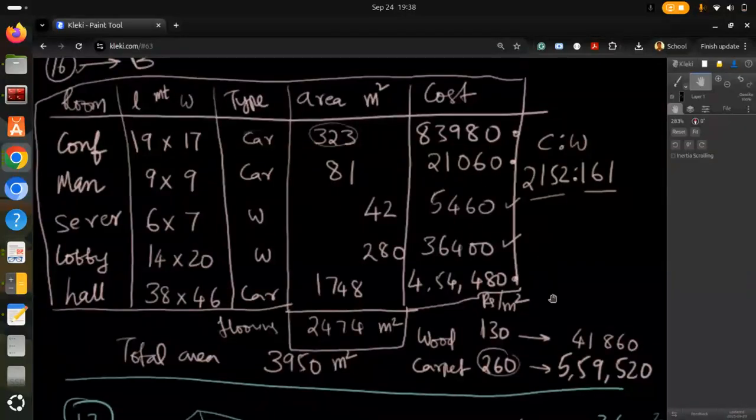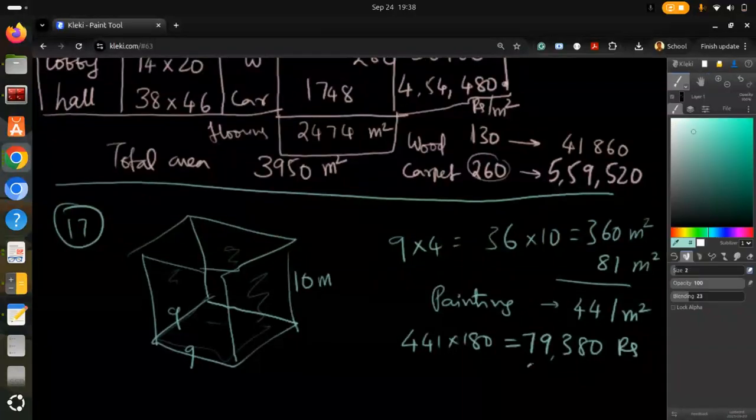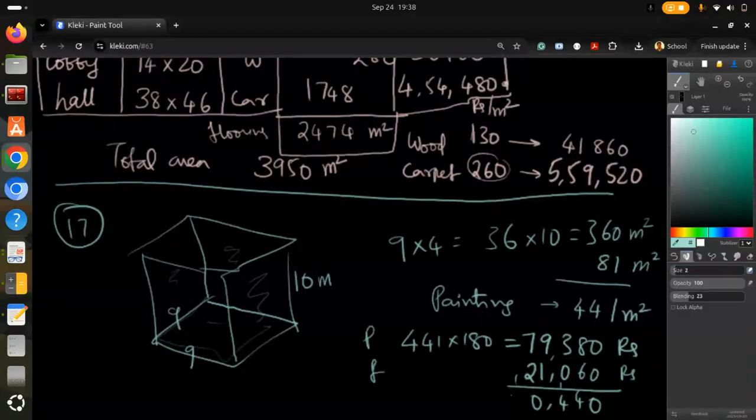Here we can see 21060. So I will write that here, 21060 rupees. So this is for painting and this is for flooring. So let me add all these things. So it looks like 1 lakh 440 rupees is the answer.